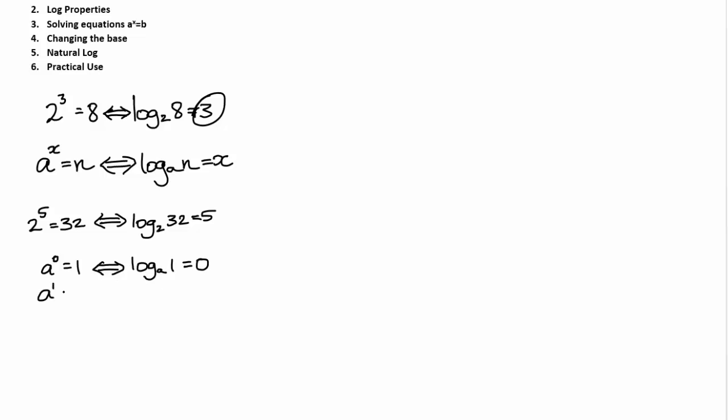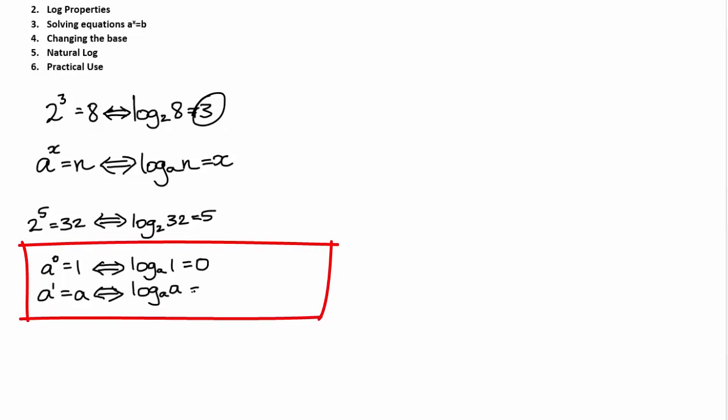And a to the power of 1 is a. An equivalent logarithmic statement would be log to the base a of a equals 1. Now those two results are true for all positive values of that base number.